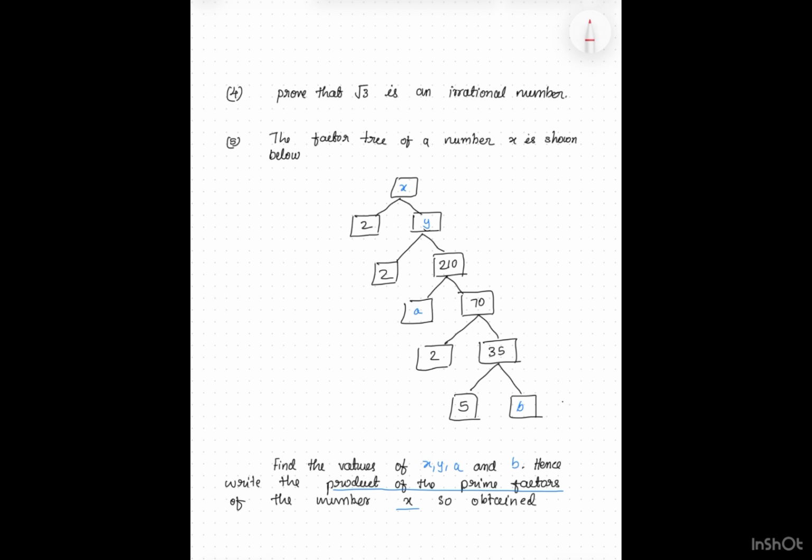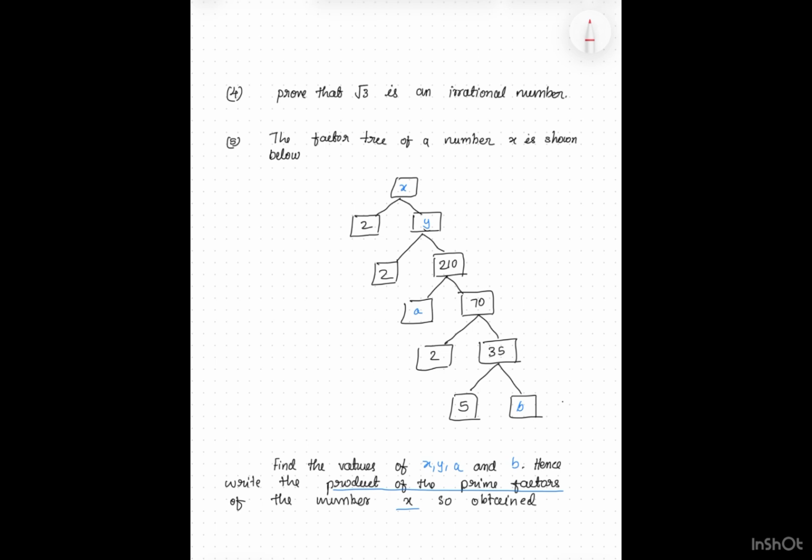Fifth question, the factor tree of a number x is shown below. x is divided by 2 and gets y. Then y divided by 2 we get 210, and 210 divided by a we get 70, and then 2 into 35 is 70, and 5 into b is 35. Find the values of x, y, a and b.